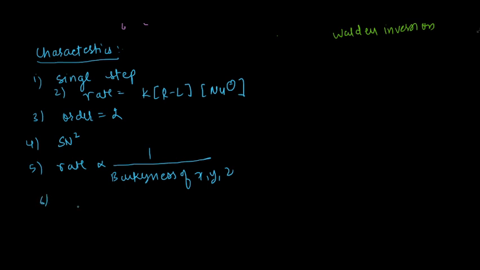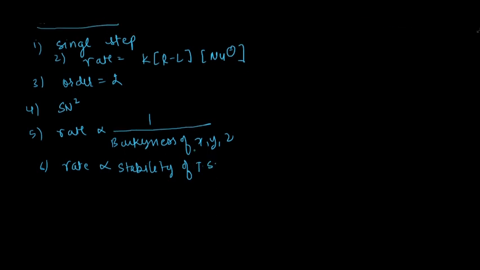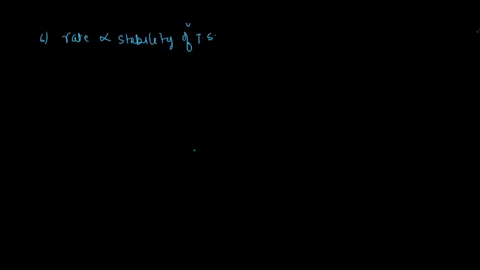Right. Sixth, rate again, similar to SN1, depends on the stability of the transition state. How do we define the stability of the transition state? Let's do some problems regarding that.